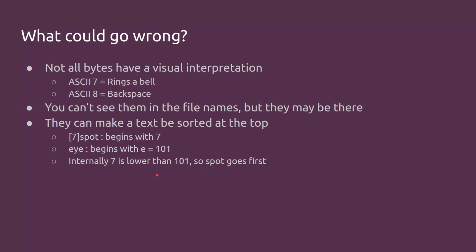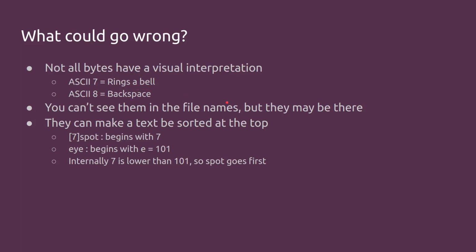Now, what could go wrong using this method? There are some ASCII codes that are not visible. They are not a letter or digit or symbol. For example, the number 7 is the representation of a bell sound. The 8 is the representation of the backspace. So you will never see these codes, but you can have this code in your file name.